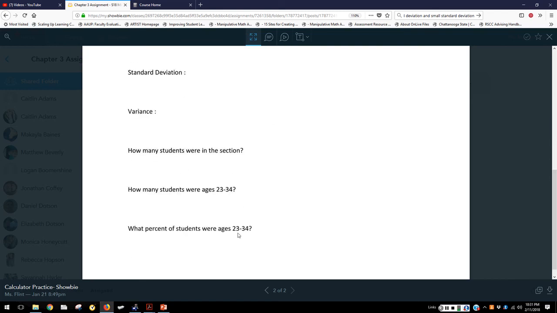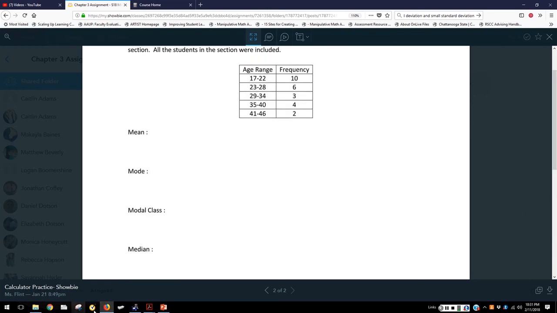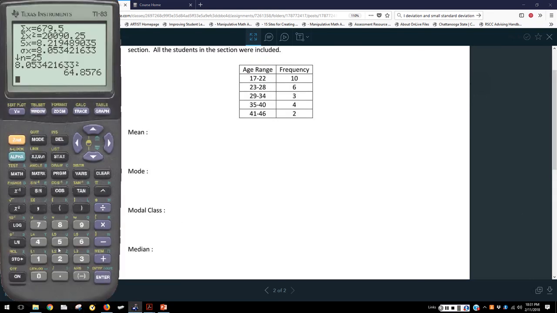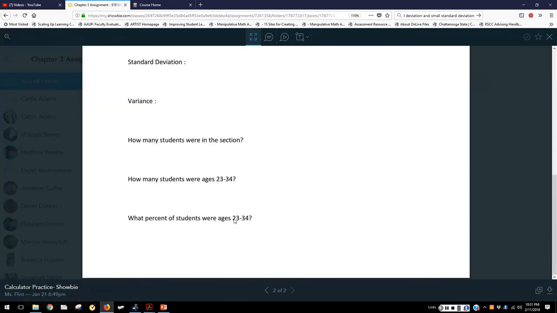What percentage were 23 to 34? Since we have a total of 9 students, 9 of those 25 students were 23 to 34, which is 0.08 or 8%. So the answer to your last question is 8% of the students were aged 23 to 34.